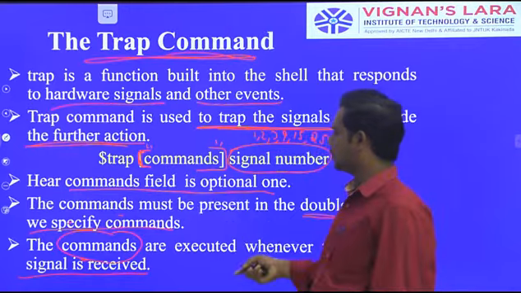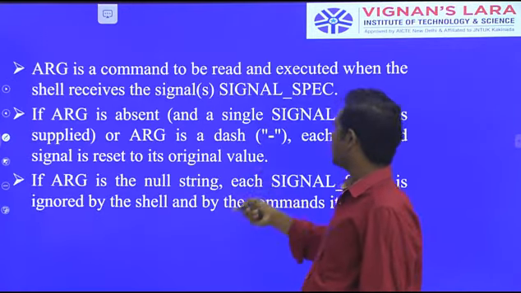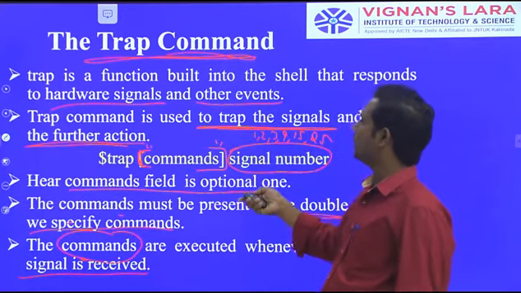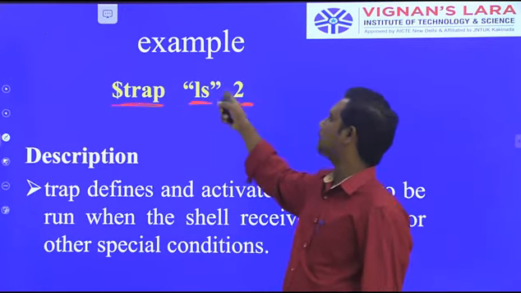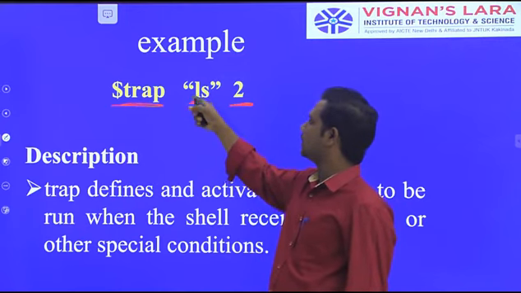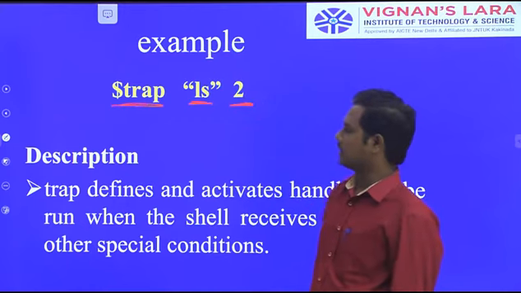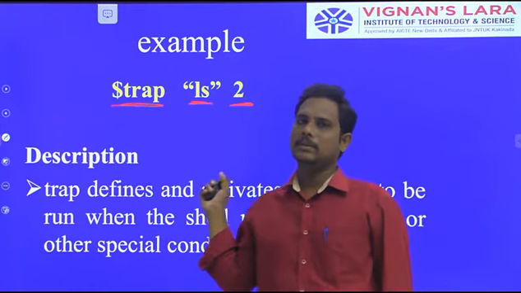So the best example here: trap command, then the ls command in inverted commas, then the signal number. This is a best example.